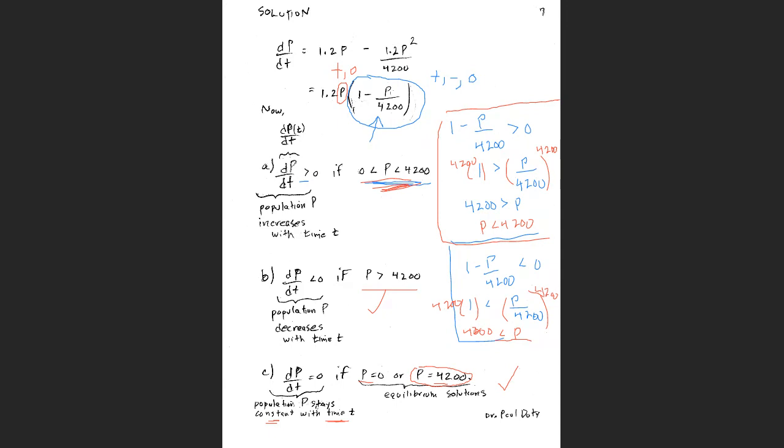As time goes on, the population doesn't grow or decrease; it stays constant. We know that when the derivative of a function is equal to 0, that function has to be a constant function.